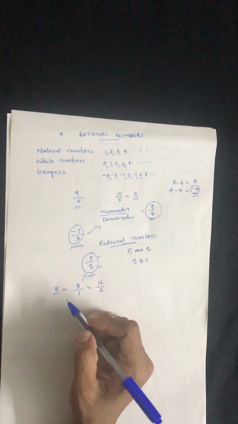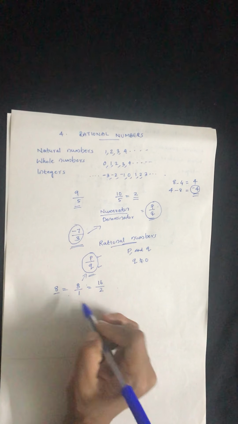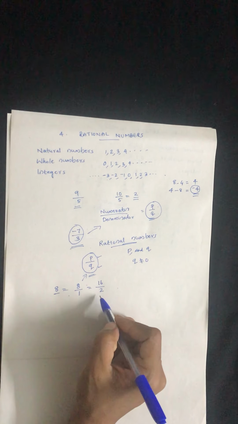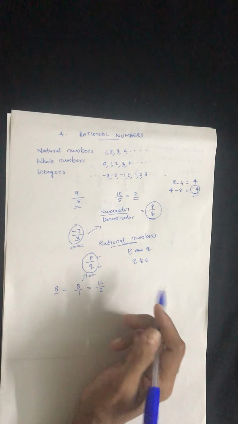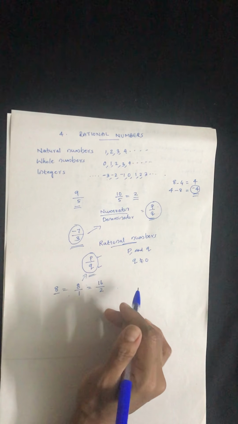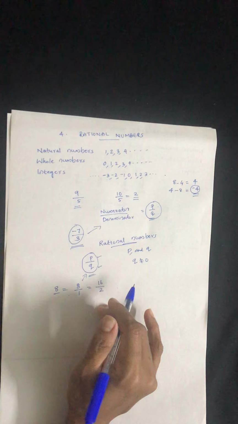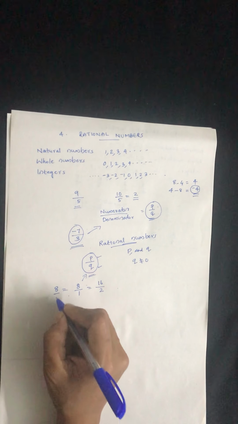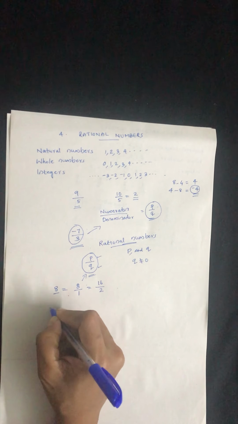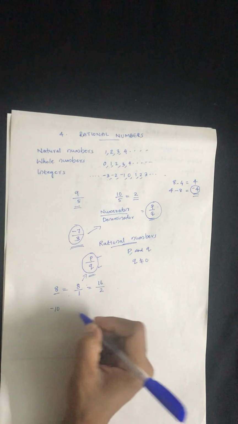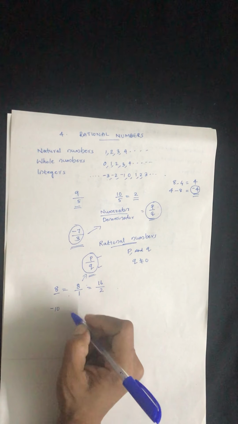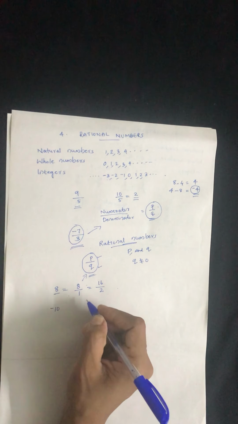All integers are rational numbers, or are all whole numbers also rational numbers. Now take another integer, minus 10. Minus 10 is a negative integer. Can we write this in the form of p by q?